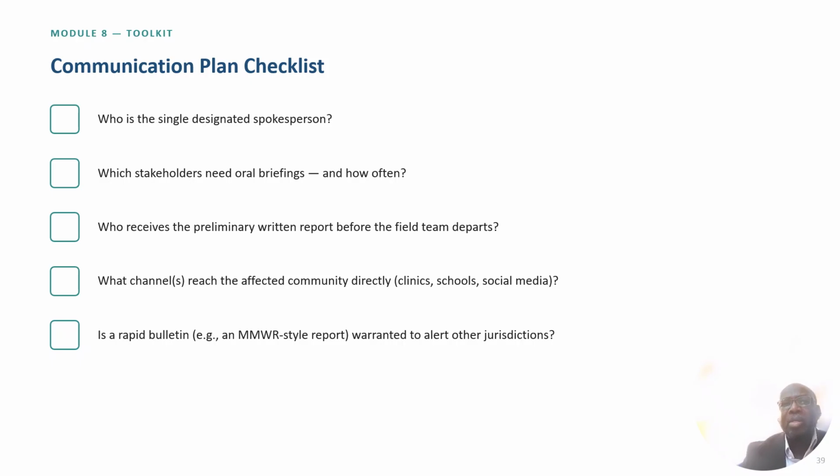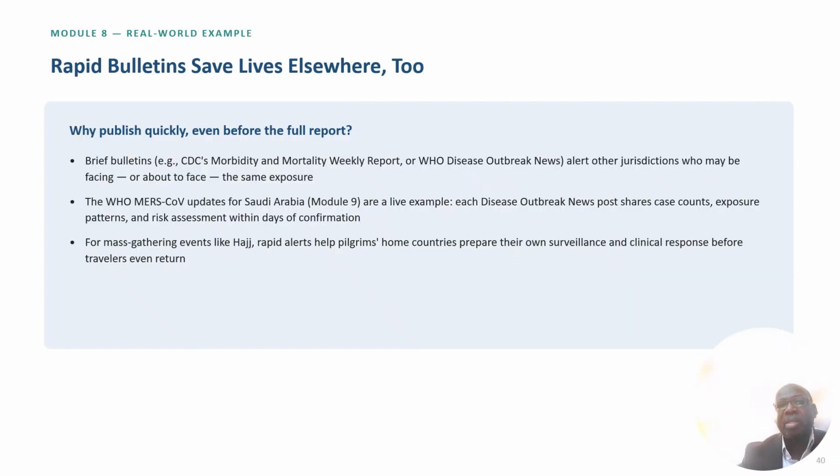So this is a list organized around how we are going to communicate our findings, because this is a very critical point in our investigation. Otherwise, people may panic and develop rumors, and these rumors are another risk that could create barriers to delivering the prevention and control measures to the community. Bulletins save lives, which means releasing information on time.